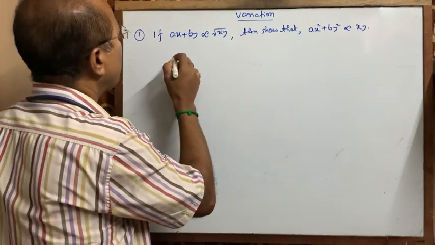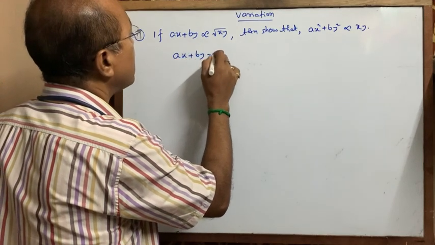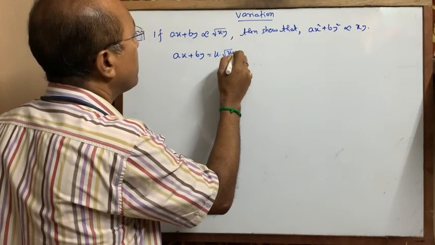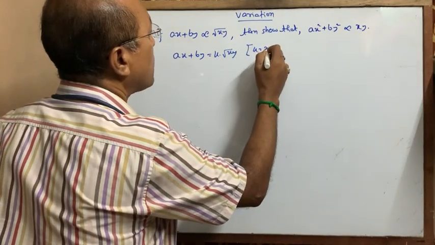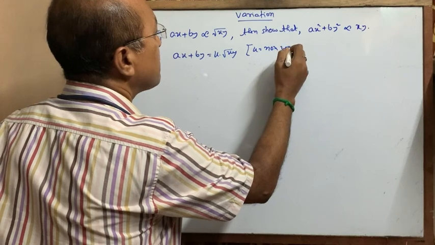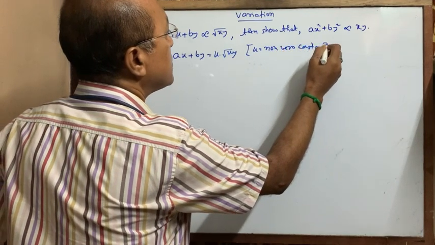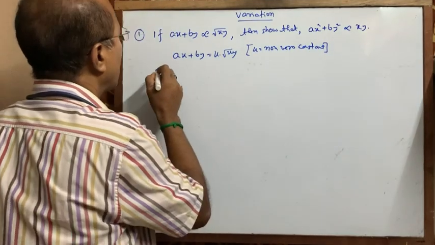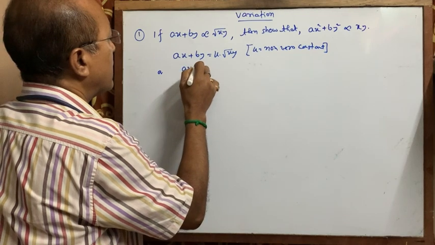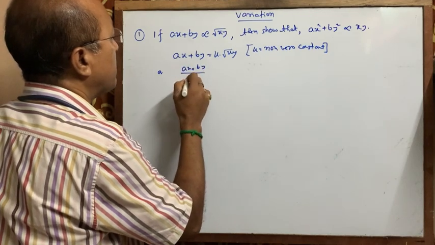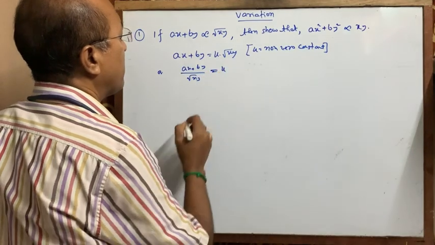Now we can write ax plus by is equal to k root xy, where k is a non-zero constant. Now we can write (ax plus by) over root xy is equal to k.